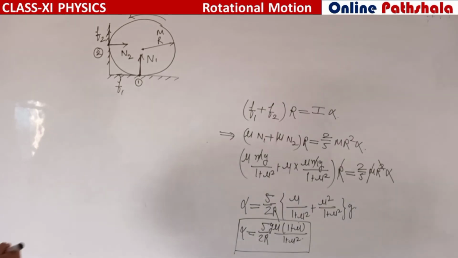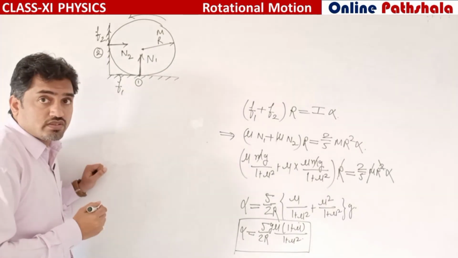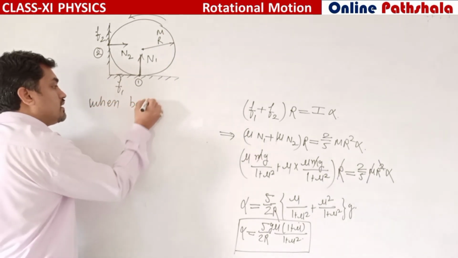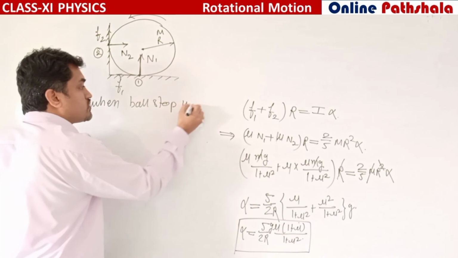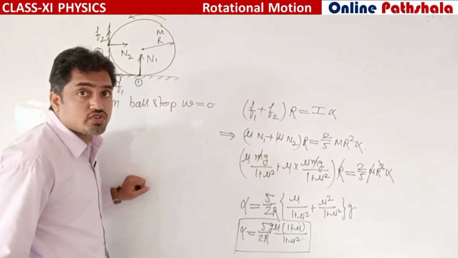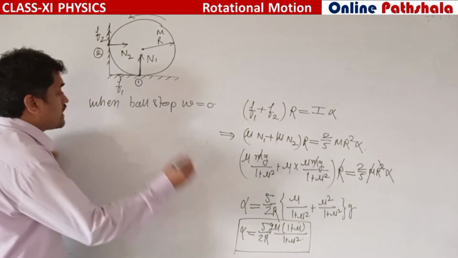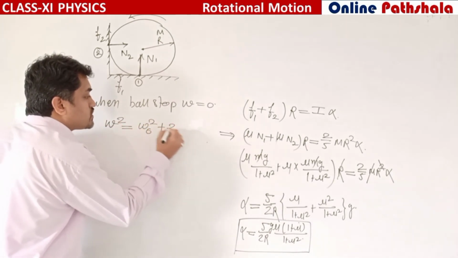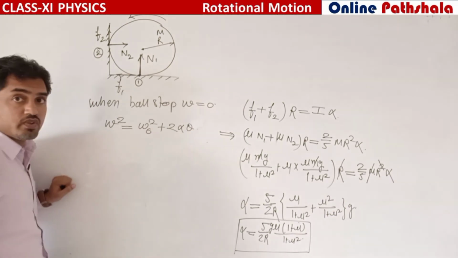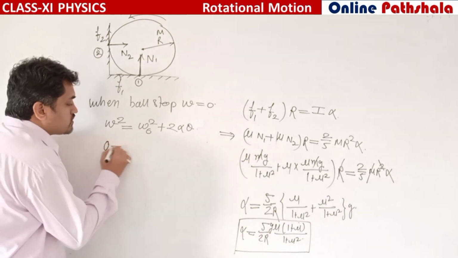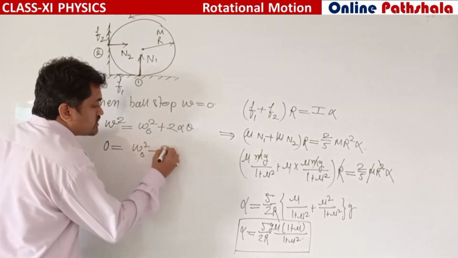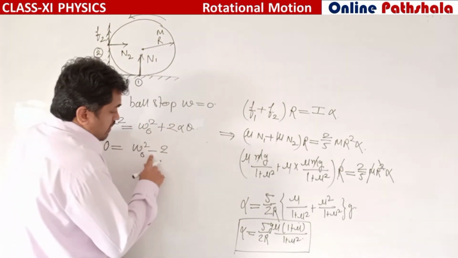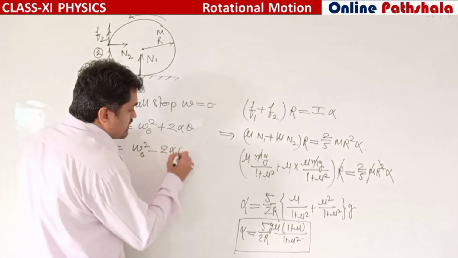Now to find the number of rotations. When the ball is stopped, its omega will be 0. So we can use omega square is equal to omega naught square plus 2 alpha theta. Omega is 0, omega naught square is given, and minus 2 alpha theta, since alpha is retarding so I am taking it negative.